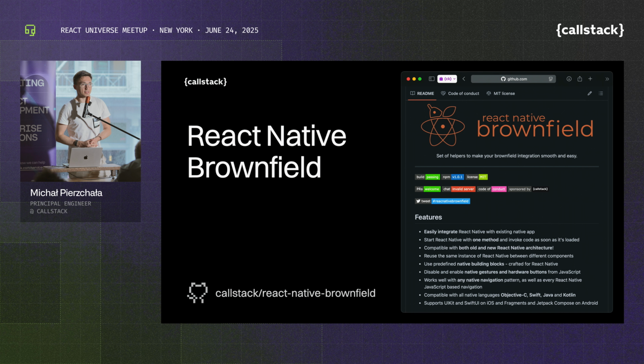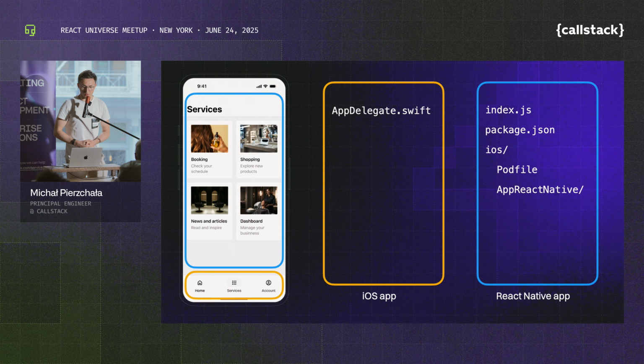So this is something that's possible thanks to a combination of React Native Enterprise Framework and the React Native Brownfield library, which we recently revamped so that it works with the React Native Factory APIs under the hood and gives you some really convenient runtime APIs to start a new React Native instance, create a new view, integrate it with navigation, with back buttons, and so on and so forth.